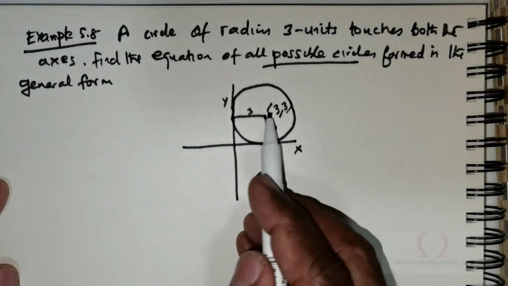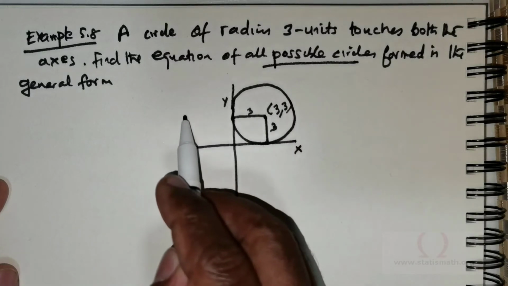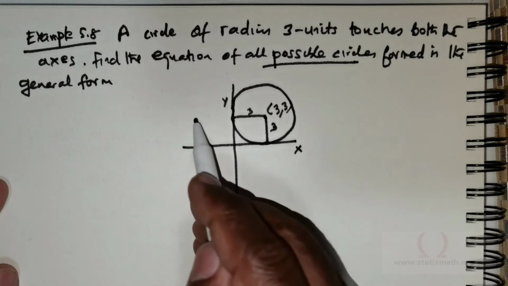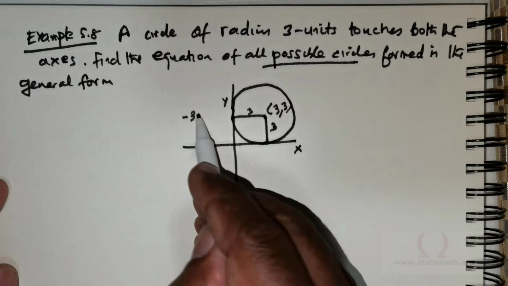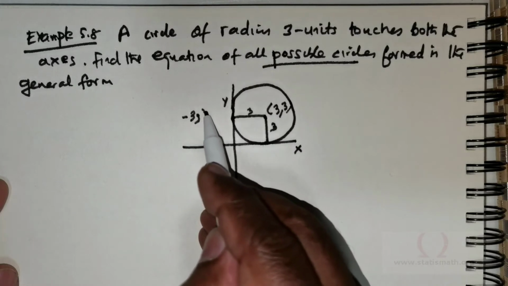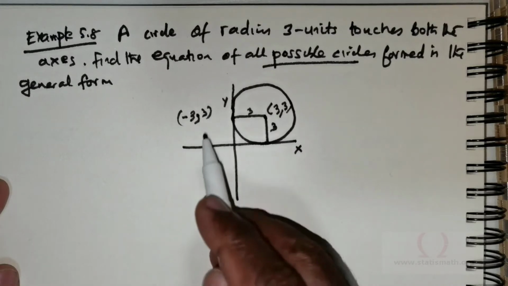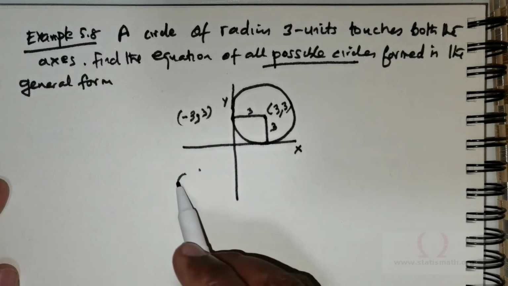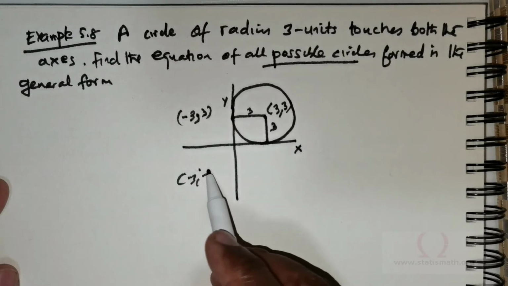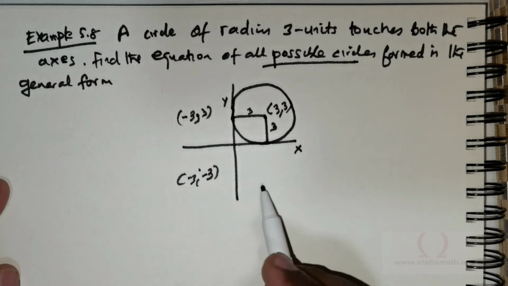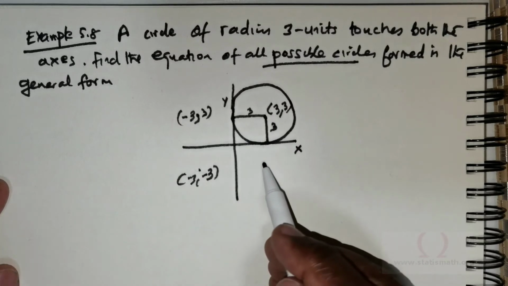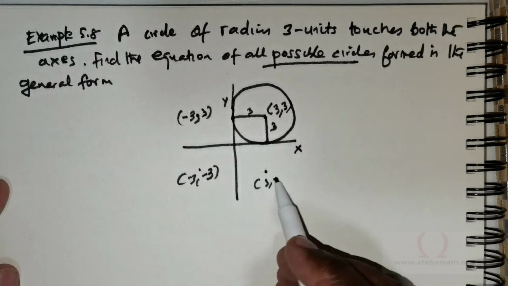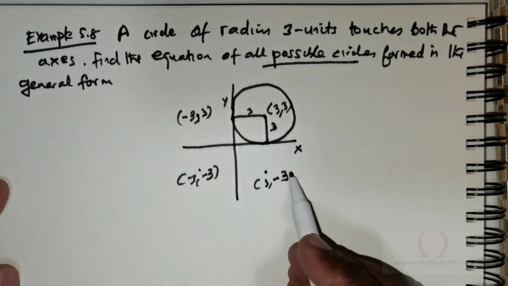But if I were to draw the same circle on the left side, that is in the second quadrant, then my x value will be negative 3 and my y value will be positive 3. If I do the same thing in the third quadrant, my x value will be negative 3 and my y value will be negative 3. For the fourth quadrant, my x value will be positive 3, but my y value will be negative 3.